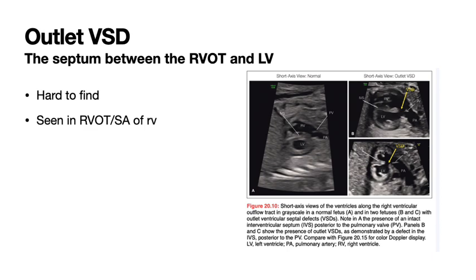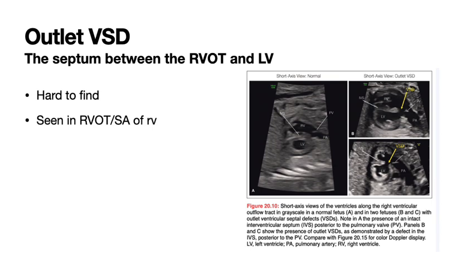An outlet VSD, very hard to find, but the outlet VSD is between the RVOT and the left ventricle. So the pulmonary artery or the right ventricular outflow tract, that little, they call it a conus, the place where it goes from a wide right ventricle to a pulmonary artery-sized pulmonary artery.